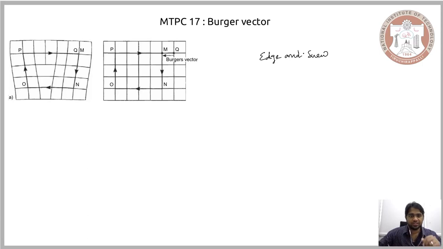For instance, here is an example of the representation of the edge dislocation in two dimensions. So this here is the extra layer of atoms. Now in these regions or spots, the interatomic spacing is maintained constant.